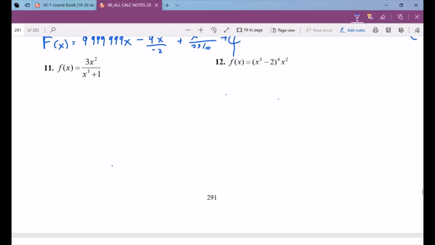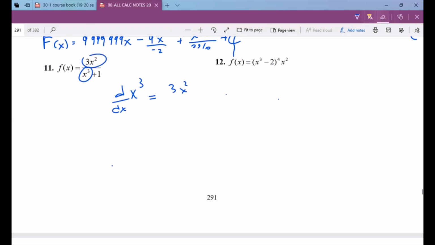What you're needing to notice is that this x cubed, the derivative of x cubed is 3x squared, which shows up here in the numerator.